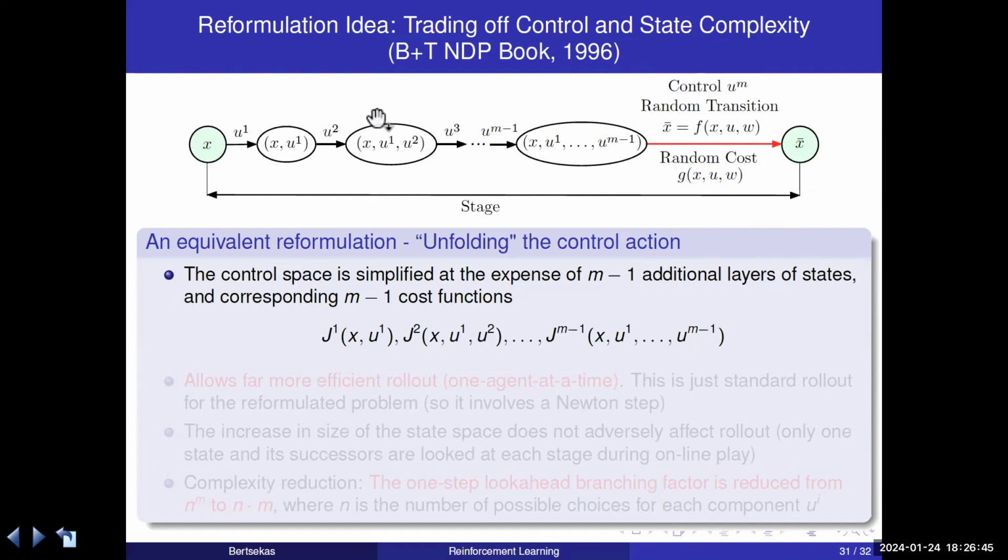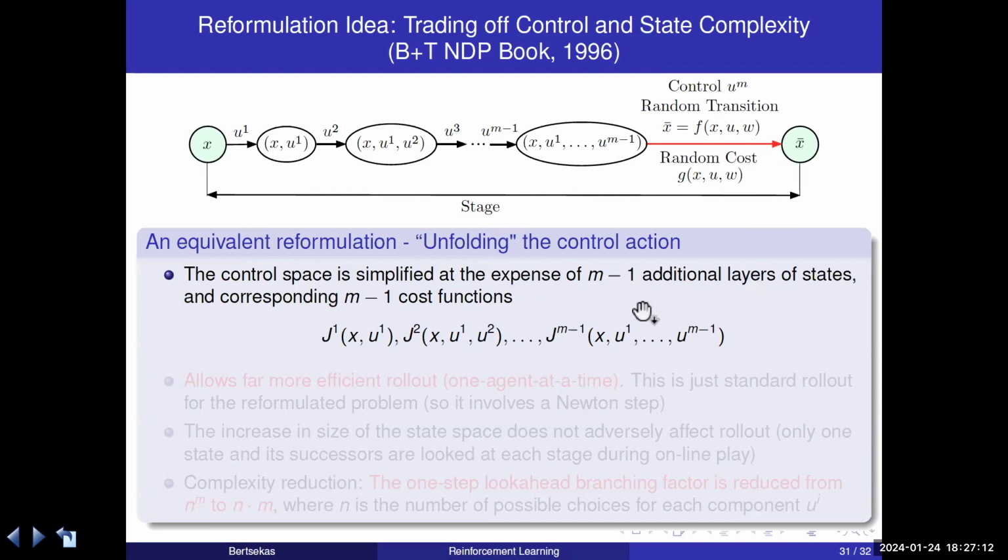Now we're talking about a general multi-agent problem where the control space U consists of components U1 up to UM. Now in the standard formulation, we go from a state to the next state according to a system equation. It depends on X, on U, and on W, and there's a cost corresponding to this transition.